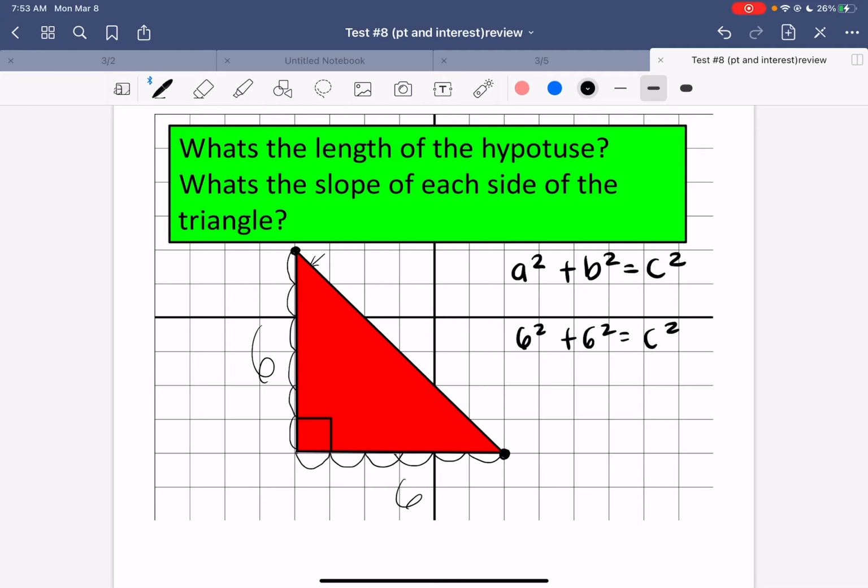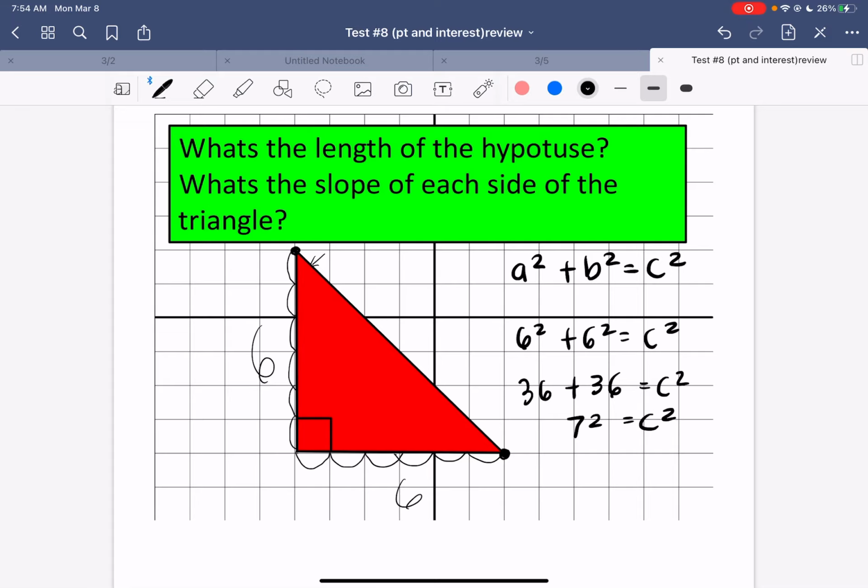And then we're going to go ahead and simplify from there. We have 36 plus 36 equals c squared. 36 plus 36 is going to be 72, I believe. So we have 72 equals c squared.